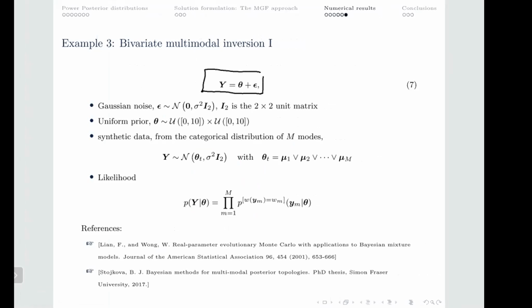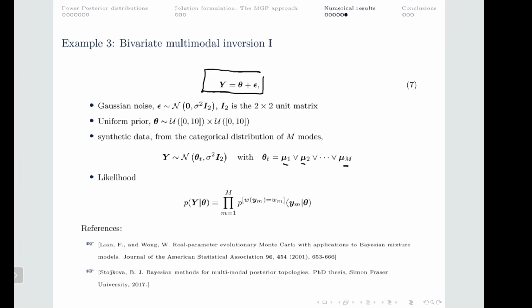Which means that we sample data from the Gaussian around theta_t and sigma squared, where theta_t can be any of those values. And then the likelihood is a little bit different, because we can put some weight on some of the modes if we want.